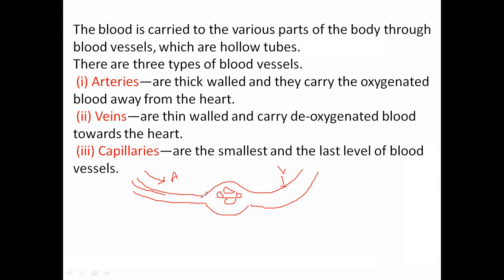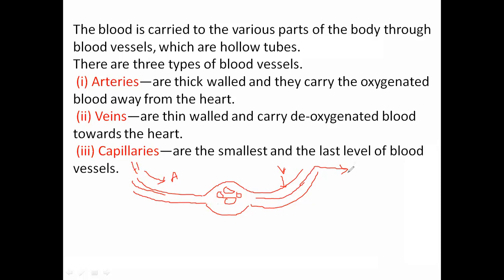The oxygen and nutrients present in the oxygenated blood are absorbed, and due to that, deoxygenated blood is produced. That deoxygenated blood is sent to veins, and these veins carry it to the heart.